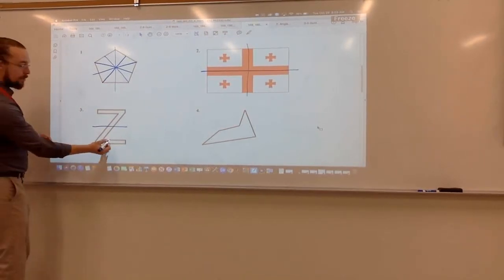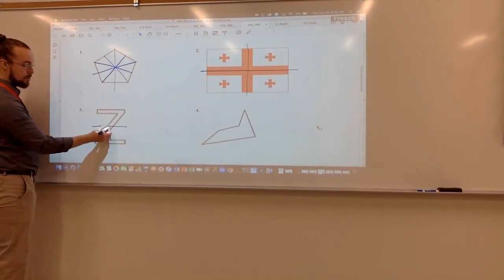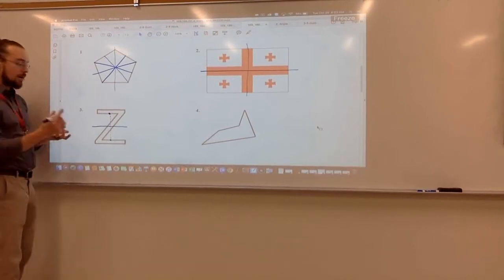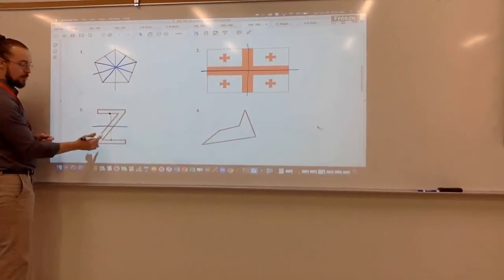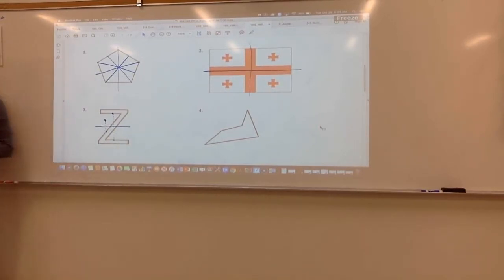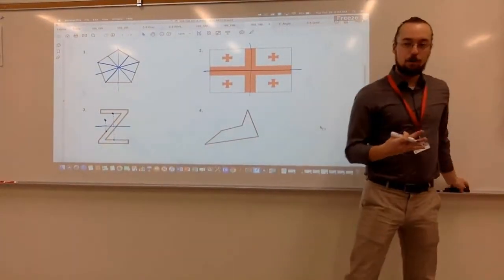If I take this point and go that distance to the line of reflection, and then go that same distance, it would match up. But if I take some point on the middle bar and go that same distance, it definitely doesn't match up. So this one does not have any lines of reflection. How about number 4?